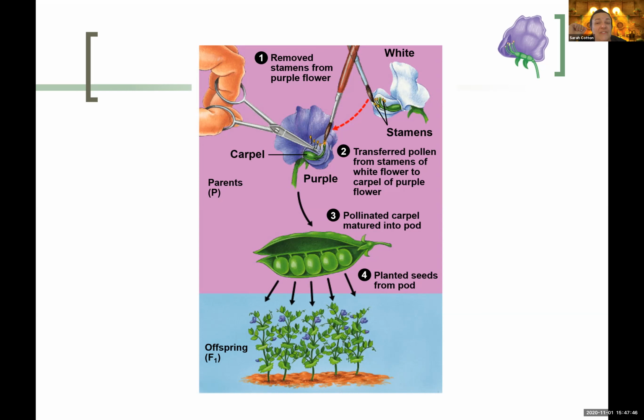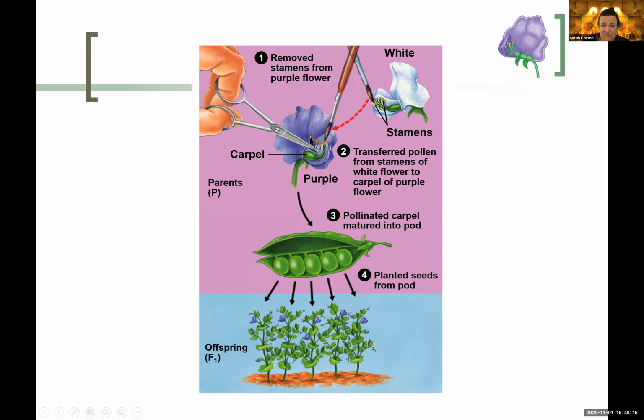Based on the image, I'm going to guess that I was talking about pea flowers and how you can move pollen from one plant to a specific plant, right? So if you're interested in, say, what kind of offspring this plant and this plant would produce, you can, using a little paintbrush, just pick up some of the pollen and put it on the specific plant that you want to mate it with, okay?